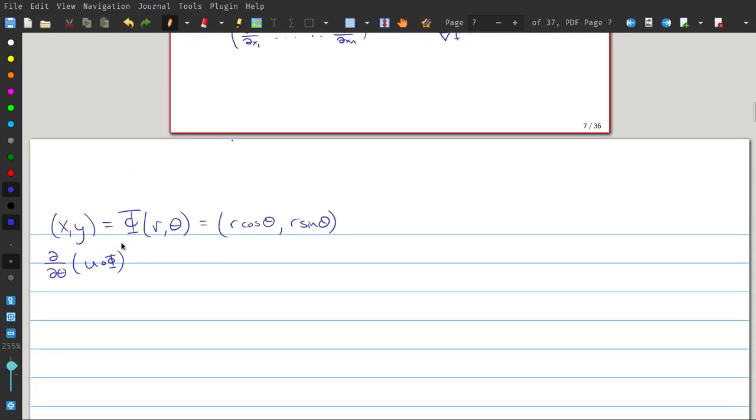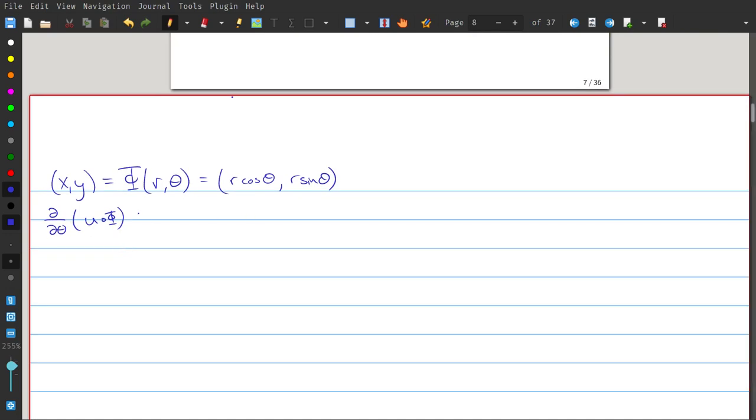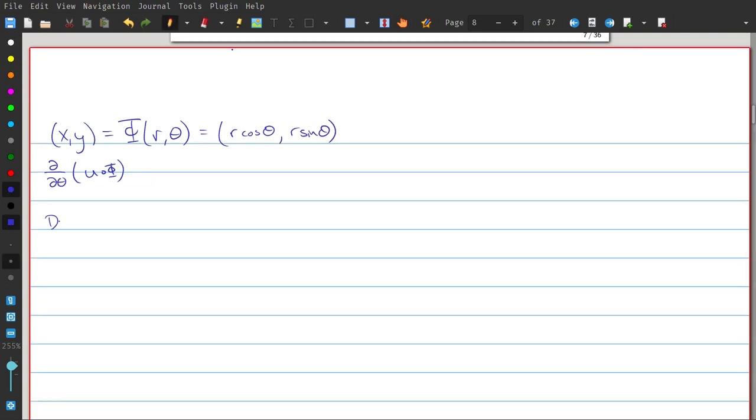And it's going to apply like this. So what do we have? Well, firstly, let's just look at the derivative of this thing. So the derivative matrix, what would you have? Well, you would have the derivative of this with respect to each of the variables that it's a function of.